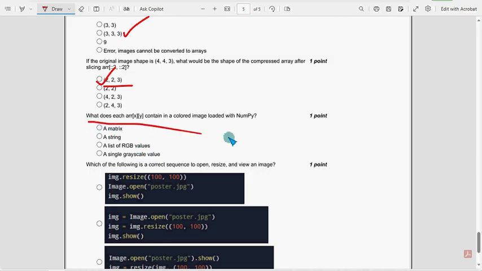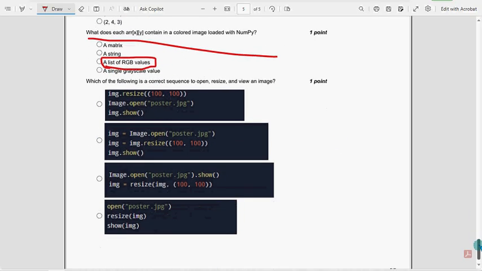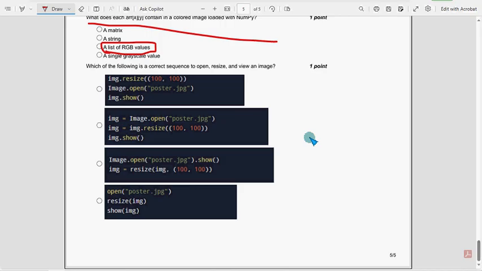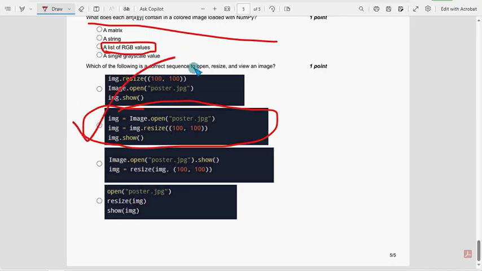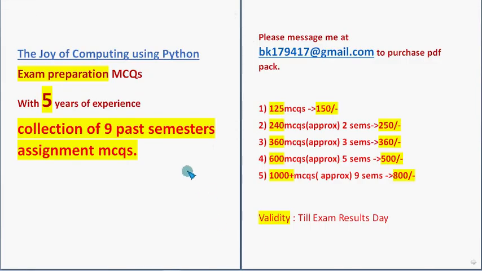Next, the 29th, third option is the probable solution for that. And moving on to the last question of the assignment, that is the 30th question. Second option is the probable solution. So friends, these are the most probable solutions for the week 8 assignment of the course Joy of Computing using Python.